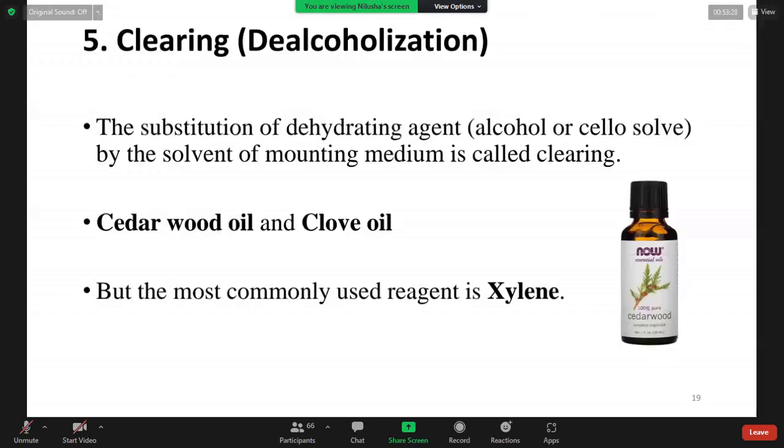That means we are going to remove the alcohol in the preserved material by using a clearing reagent. That may be cedar wood oil or clove oil, but mostly the reagent we use is xylene. By using this, we are removing the alcohol present in the sample.